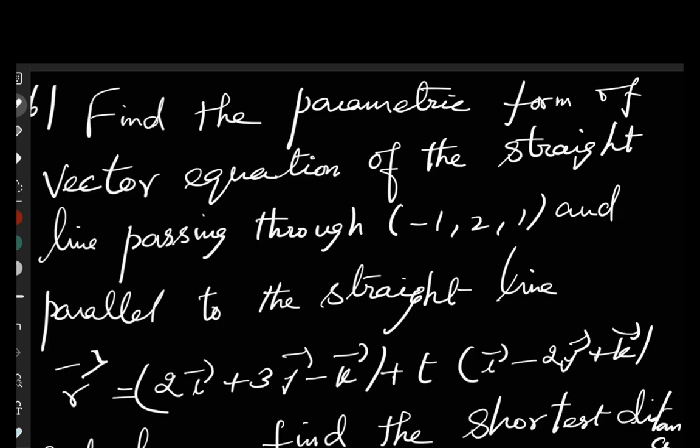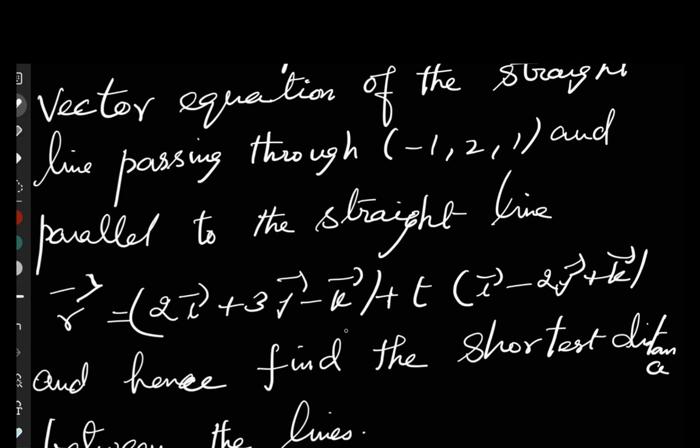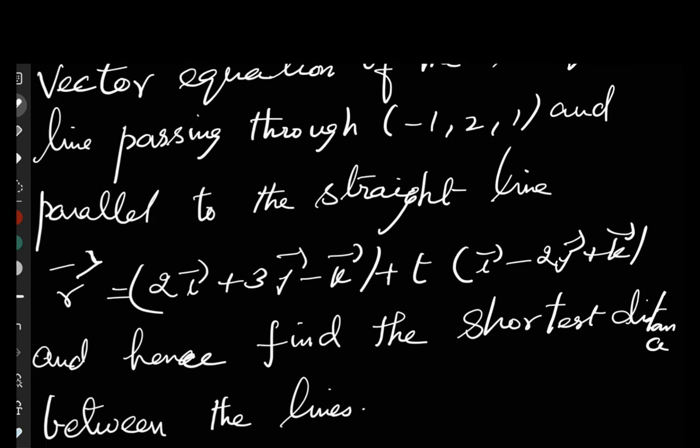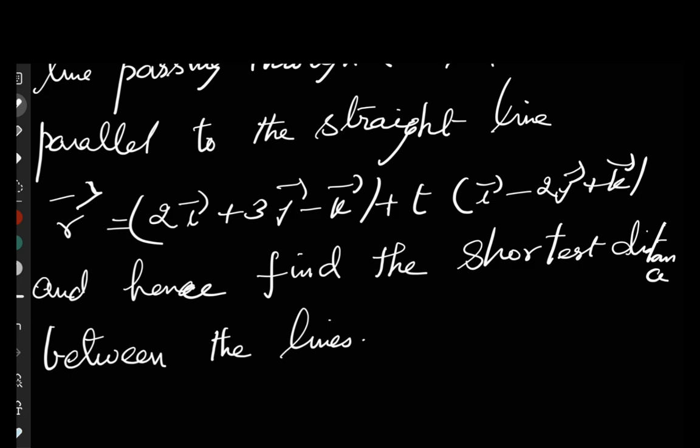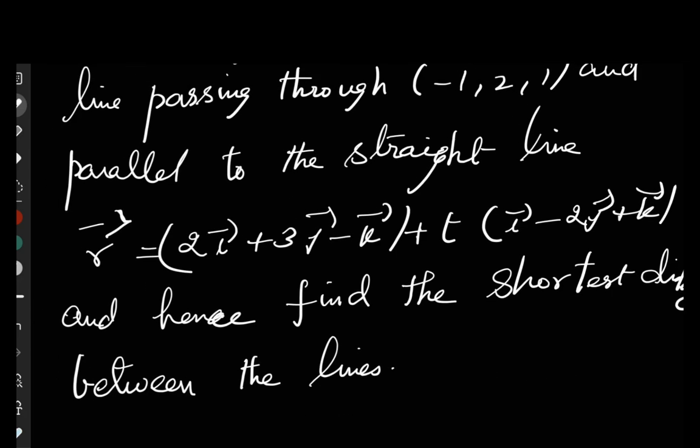See the sixth sum. Find the parametric form of vector equation of the straight line passing through (minus 1, 2, 1) and is parallel to the straight line vector R is equal to 2i plus 3j minus k plus t into i minus 2j plus k, and hence find the shortest distance between the lines.